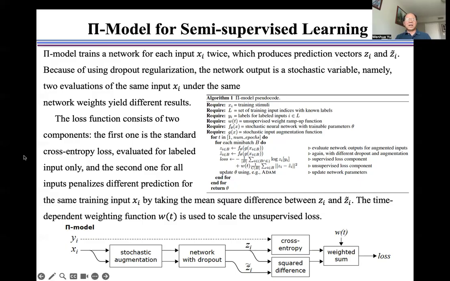The time dependent weighting function w(t) is used to scale the unsupervised loss as shown here. Here is the workflow of the Pi model.